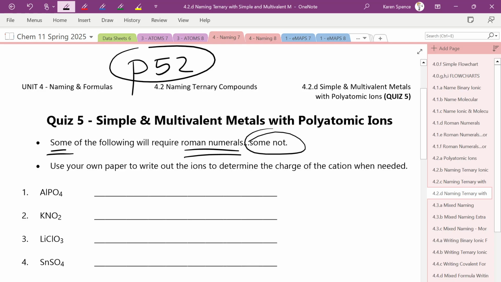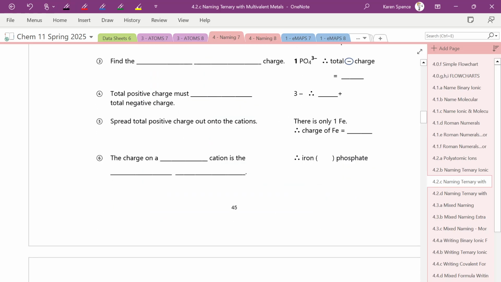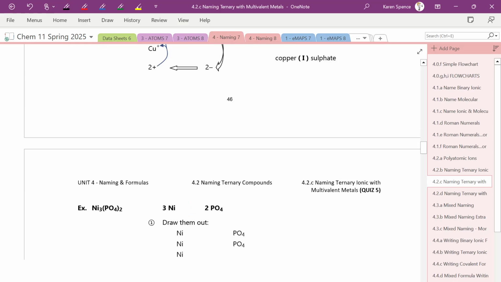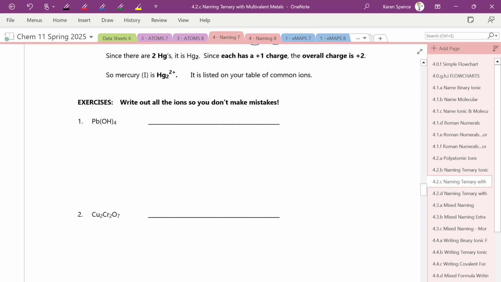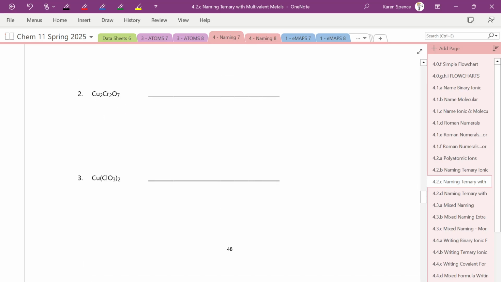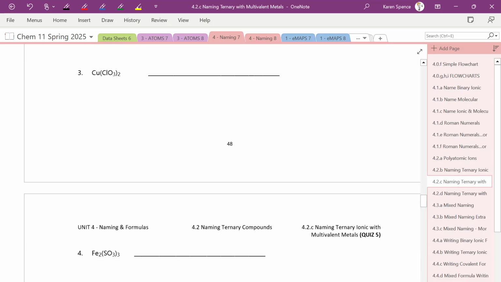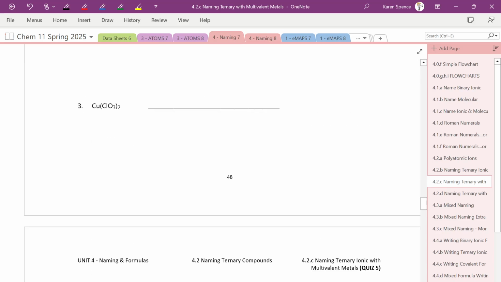So if it's not in the red zone, no Roman numeral. Okay? If you feel like you need more practice, maybe just with the Roman numerals on the polyatomic ions, you might go to page 48. Okay, so 48, 49, there's a lot of room for you to show your work there.